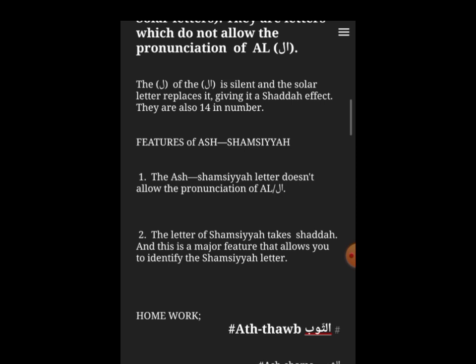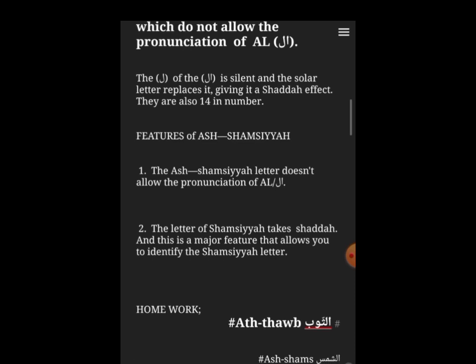As you see, you have a kind of assimilation of these letters. Ash, as though the lam has become another shin. That's what happens there. Ashams. Okay, is that taken? So that's what we have here.